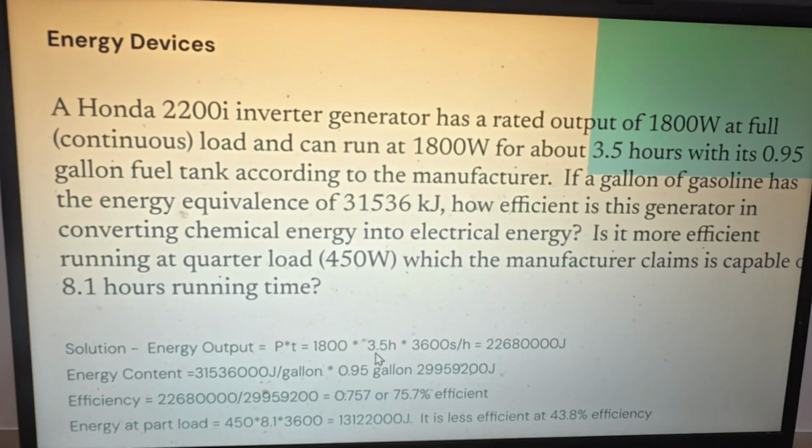So the efficiency is the energy output, running at 1,800 watts for 3.5 hours, divided by this number, and so the efficiency is 0.757 or 75.7%.